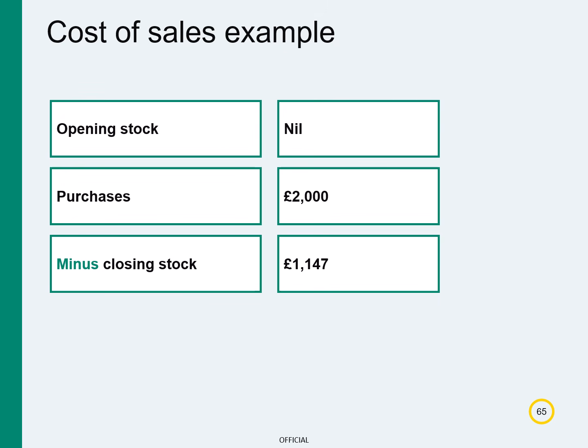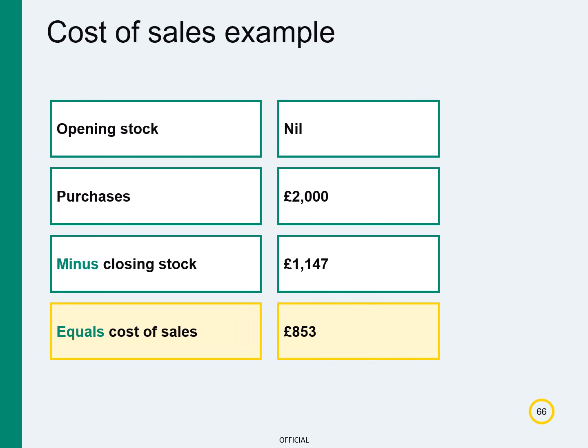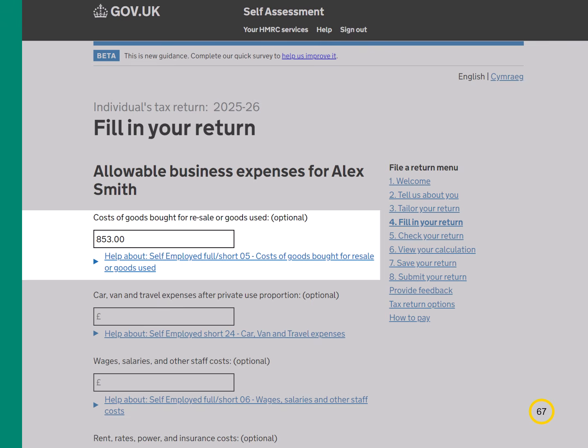Alan can't put this £1,147 on his tax return as he's not sold those items. So, purchases of £2,000 less closing stock of £1,147 gives a cost of sales figure of £853. So if Alan is using traditional accounting, he'll put £853 on his return.